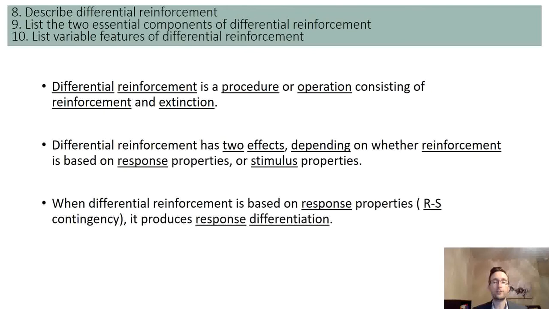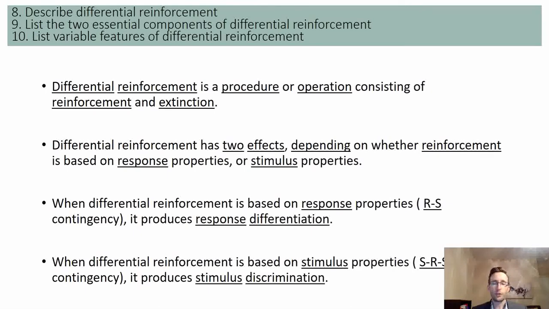The RS contingency of cookie getting behavior and access to cookies produced response differentiation by making cookies more likely to occur after yelling than other topographies of behavior.